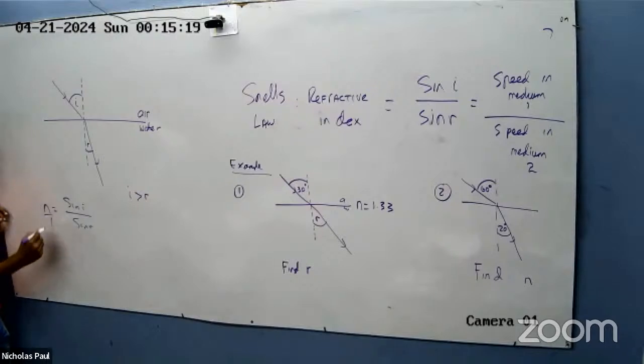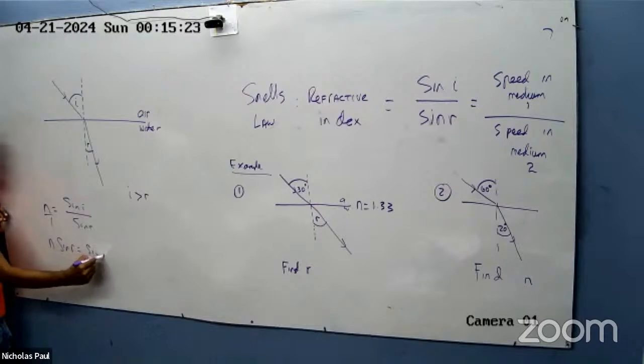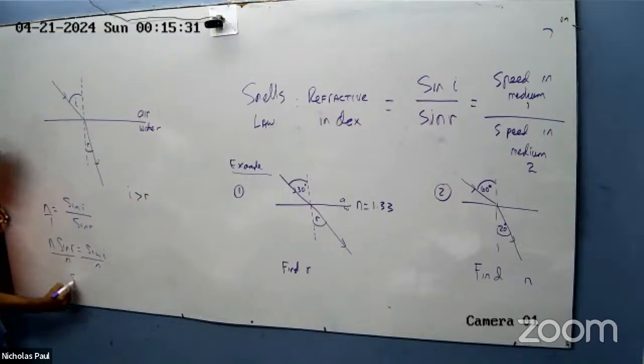Cross multiply. So you'll get N sine R is equal to sine I. Trying to make R the subject, you have to get rid of N first, so you divide everything by N. So you'll get sine R is equal to sine I over N.